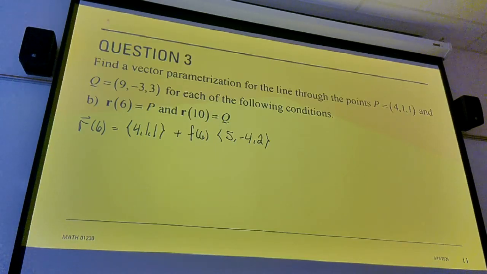And that has to equal 1, 1. What's f of 6? F of 6 has to be 0.